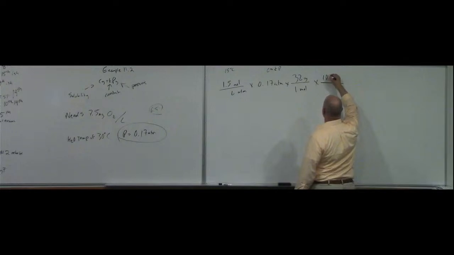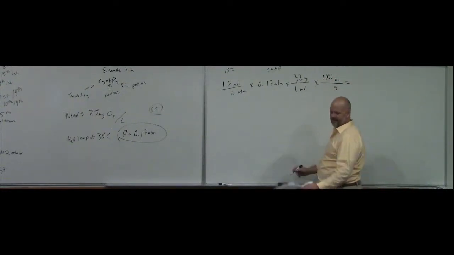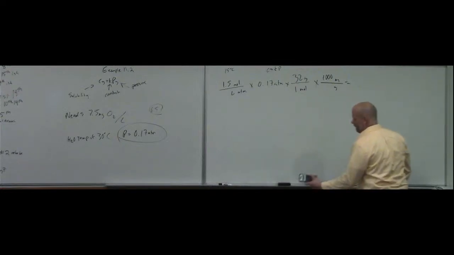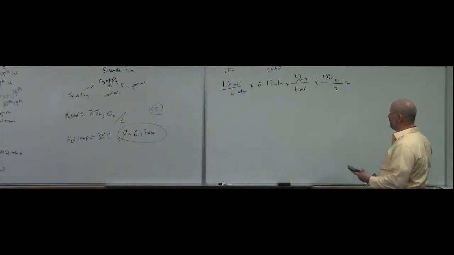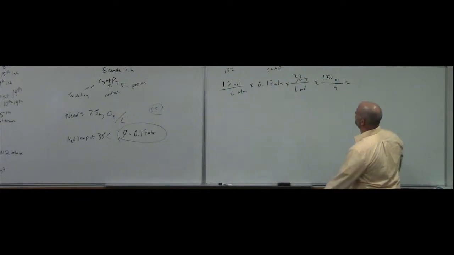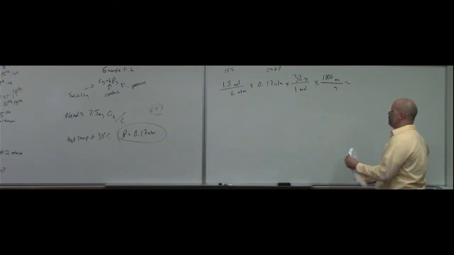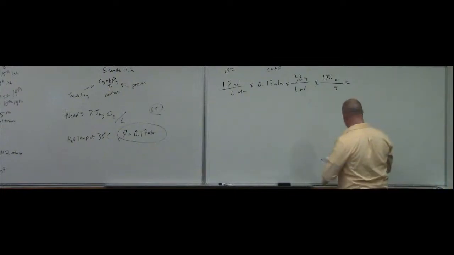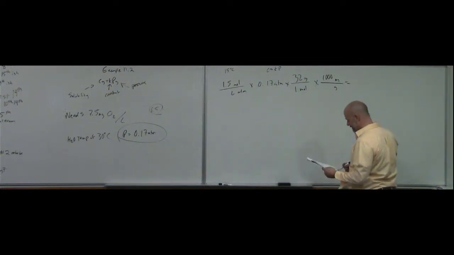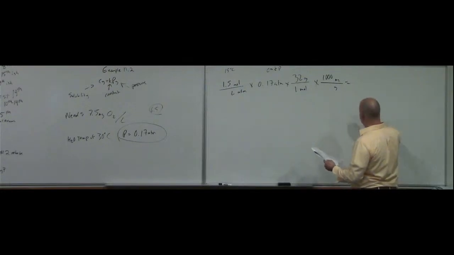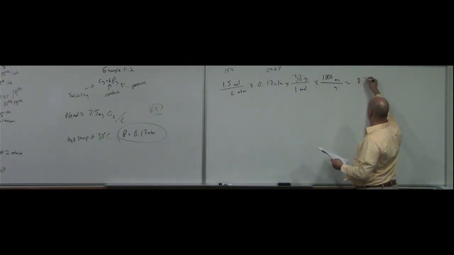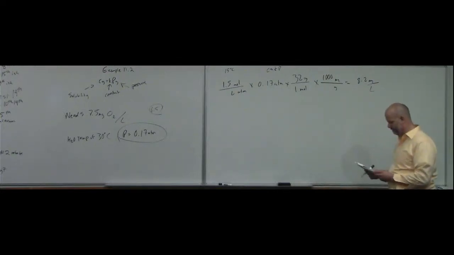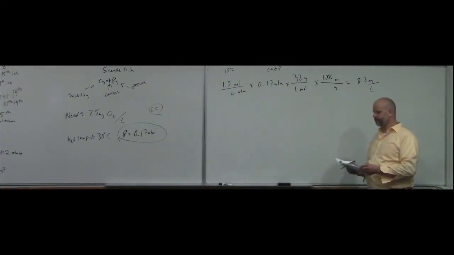I have 1,000 milligrams per gram. That gets real easy when it's just all written up there, right? So 1.5 times 0.17 times 32 times 1,000, and you get 8.2 milligrams per liter. Okay, there we go.